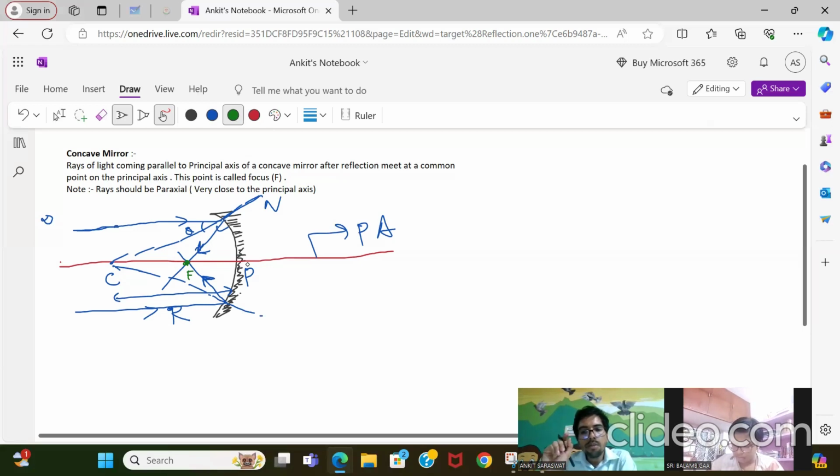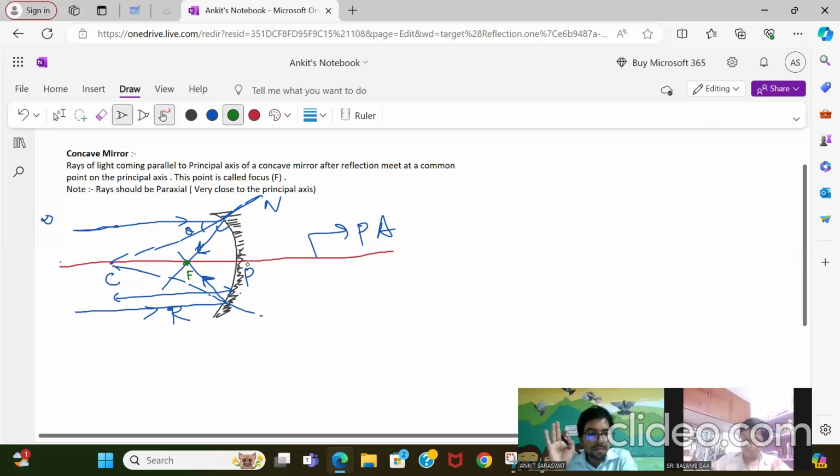That common point is known as focus. Clear? Yes, sir. Now, the second note I have written: rays should be paraxial. I will explain why it is paraxial and what is marginal later. Meanwhile, just understand up to this point.